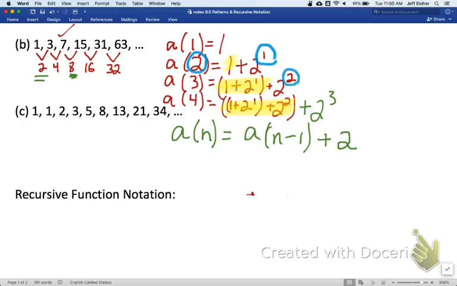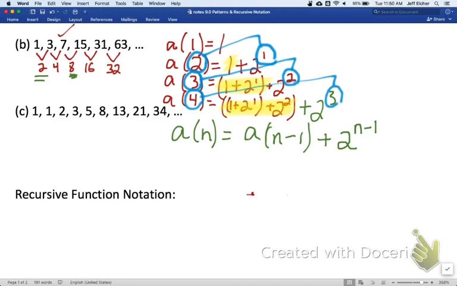Or this exponent, how does that compare to the term we're on? And this exponent, how does that compare to the term we're on? Well, it looks like comparing these, it's just 1 less. 3 to 2, 2 is 1 less. 4 to 3, that's 1 less. So it looks like it'll work to have our exponent be whatever term we're on minus 1.